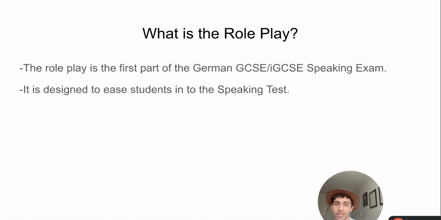So what actually is the role play? I'm going to give you a few examples in a second, but the role play is the first part, usually, of the speaking exam. That actually has changed a little bit. For some exam boards, AQA or Pearson Edexcel GCSE, I believe it's not necessarily going to be the very first thing that you do anymore.